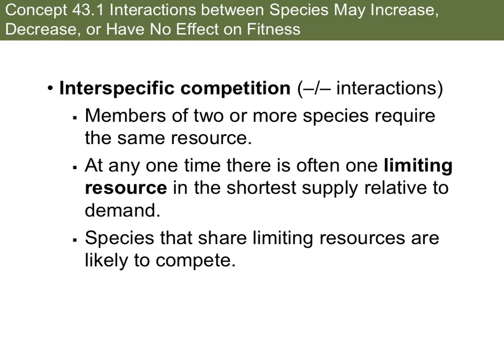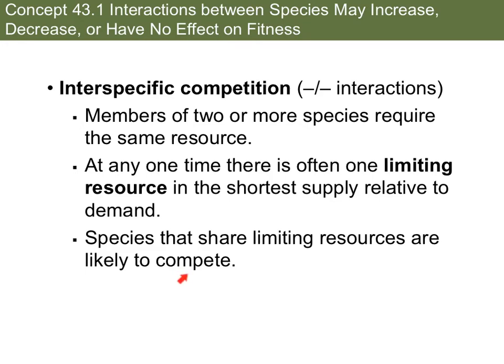So the example that I showed you at the beginning, you had the deer, the wildebeest, and the zebras all fighting for that limited resource, which was water. But it could equally be just space to roam. It could be the grass itself. All of those are considered limiting resources. And anytime that there has to be sharing of those limited resources, there's competition.